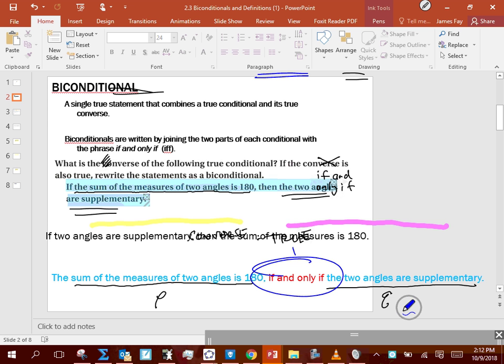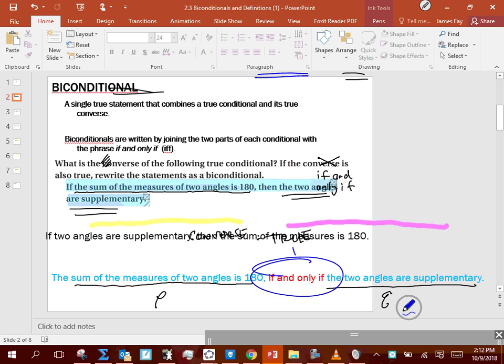That's the structure that tells me it's reversible, and you can reverse the phrase like you want to. But if I get the words "if" and "then," published by the author in a textbook or by Mr. Fay in notes, we're going to assume that it's not reversible until told otherwise. Is that right, everybody?